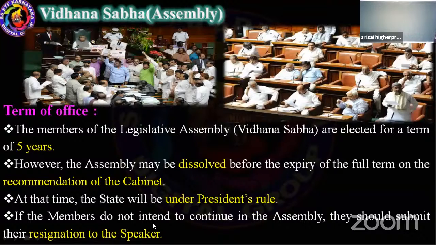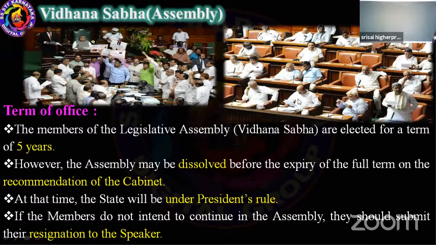If the members do not intend to continue in the assembly, they should submit their resignation to the speaker. All the elected representatives, 224 plus 1, will select one person as a speaker. He will be allowed to carry on all the activities of a session.